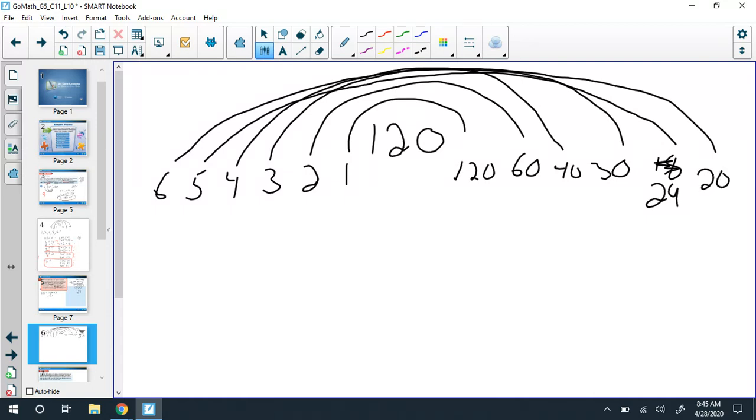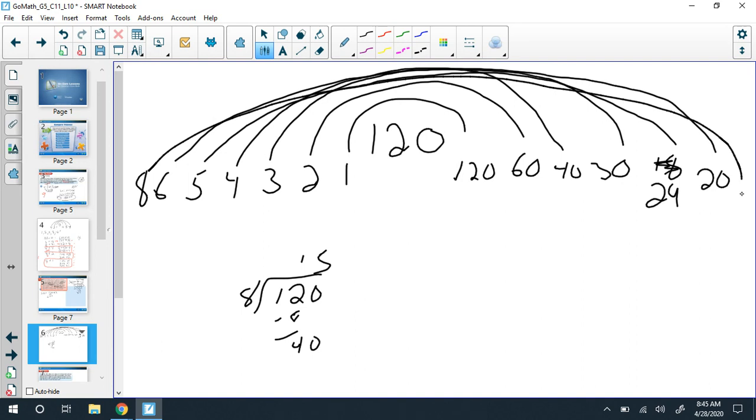7 does not equally go into 120. 8, let's double check it really quick. See, 8 goes into 12 once. That leaves me with 40, right? So that is 15. 8 times 15. Let's see, 9. Will 9 go in?